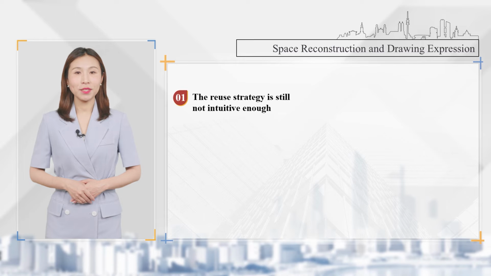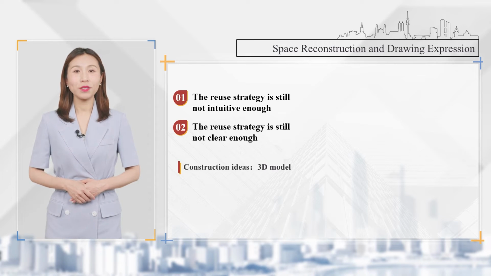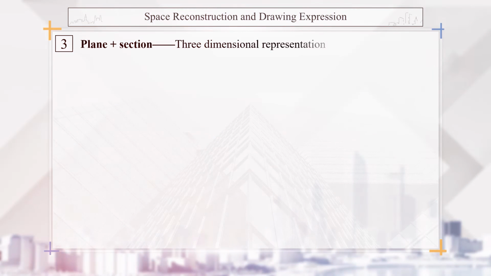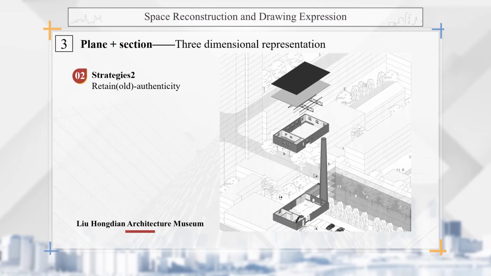You may feel that the reuse strategy is still not intuitive and clear enough. Can we borrow the construction idea of the three-dimensional model, to draw out the strategy of reuse in three dimensions? The method of the stratified axonometric decomposition graph is proposed.